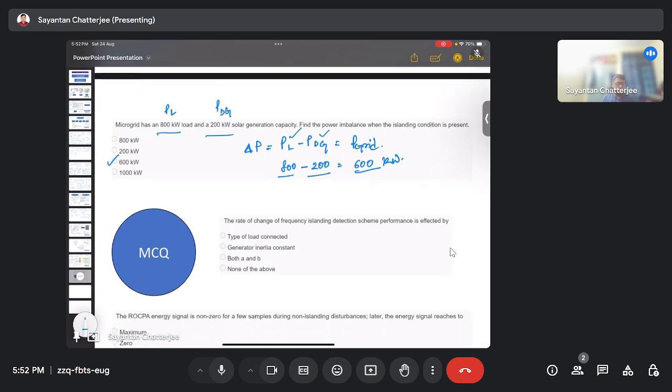The rate of change of frequency islanding detection performance scheme is affected by the type of load, generation, and generator inertia constant, or both. So rate of change of frequency is dependent upon these. You can definitely go through these videos because they will be uploaded on YouTube.